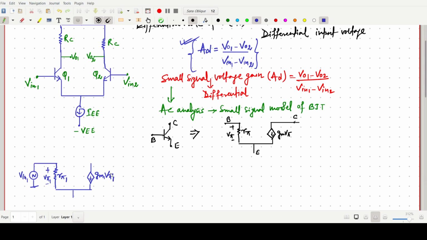So I am writing V in 1, and this RC will come here, and this will be V naught 1.